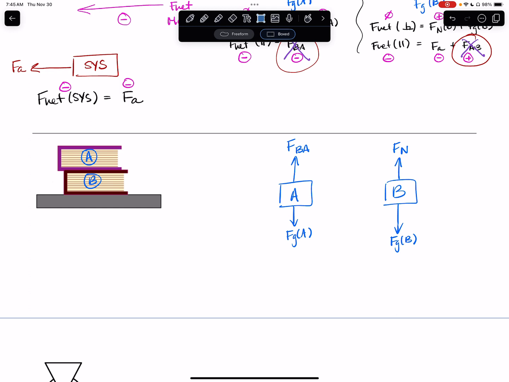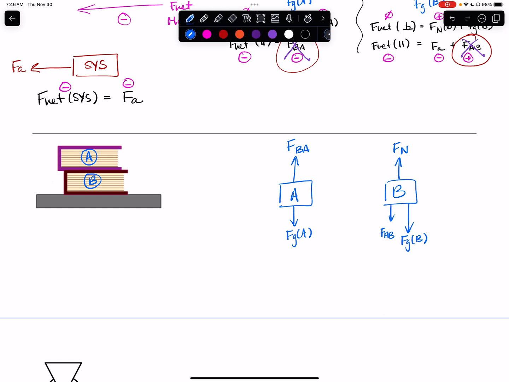So I'm going to slide this over a little bit to give myself room to add in my force of A on B. These are the three forces that we see acting on book B. So we write our FNet equations.